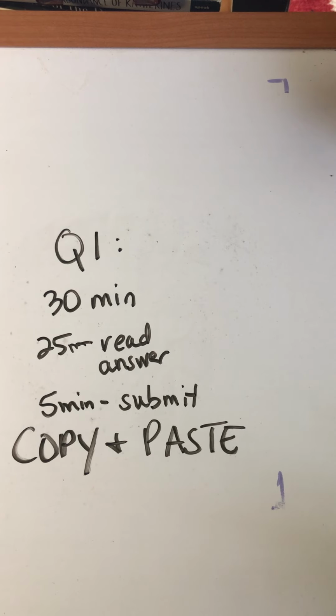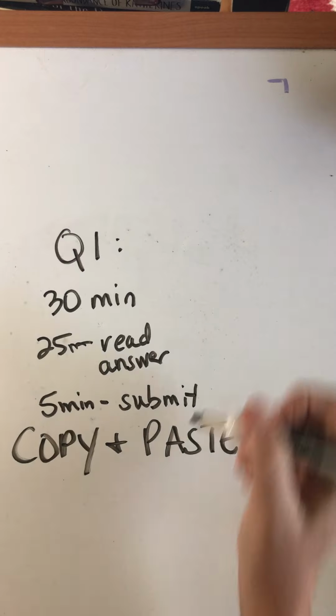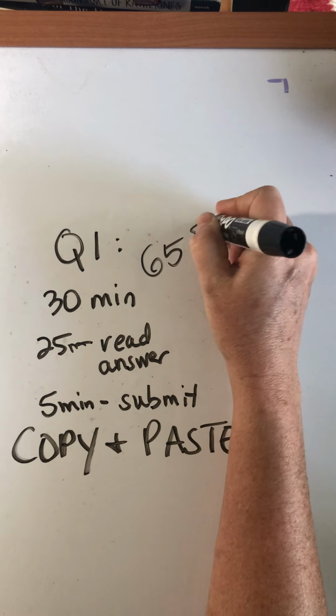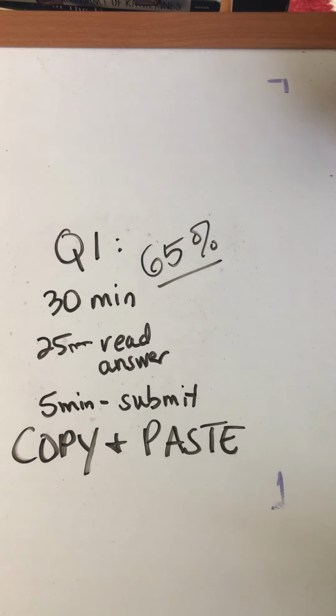Your question will be some sort of scenario, some sort of experiment. This question 1 is 65% of your grade. It's going to be a graph, a table. You're going to describe the process, some sort of model. You're going to identify all the different parts of the experiment, and you're going to analyze the data and make predictions. So you're going to have multiple parts.